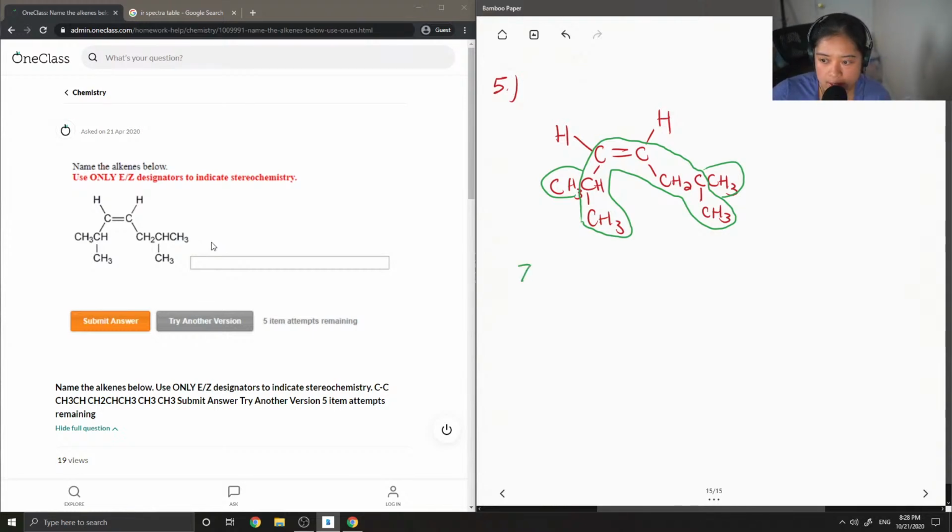And for Z and E designations, Z is for when you have a double bond, and the two heavier groups are on the same side. And E is when your two heavier groups are on opposite sides.